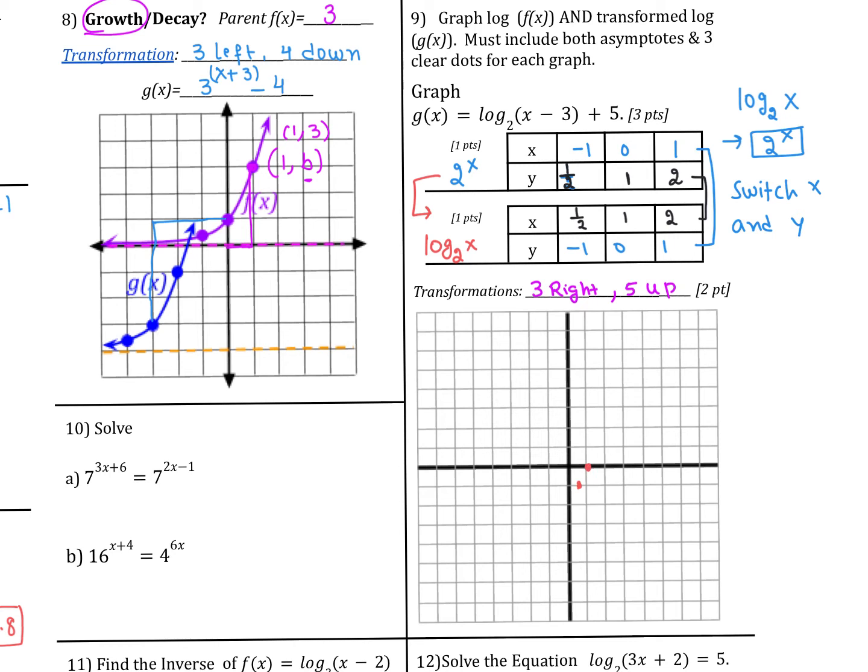So this is the point 1 comma 0 here, 2 comma 1. So 2 comma 1, that is this point, and that is going to be your logarithmic function log base 2 of x.